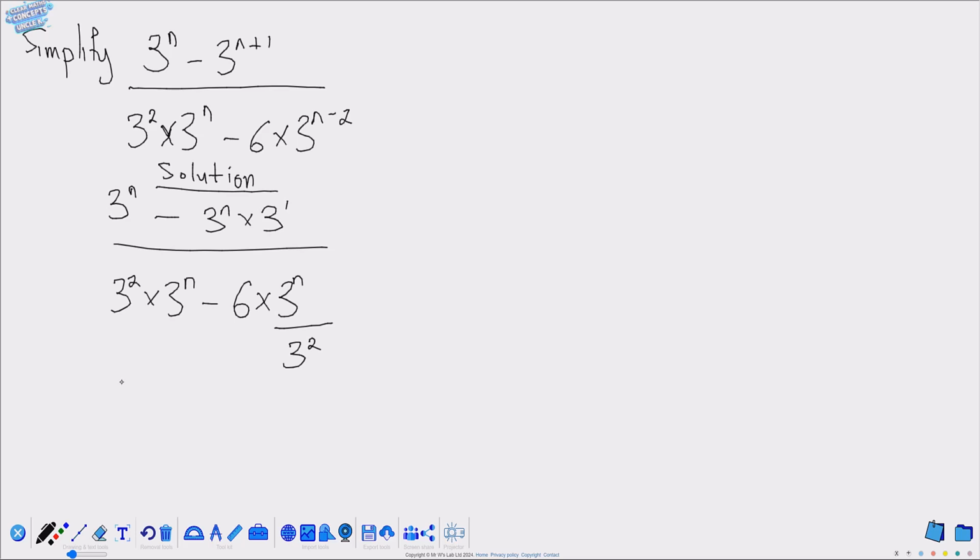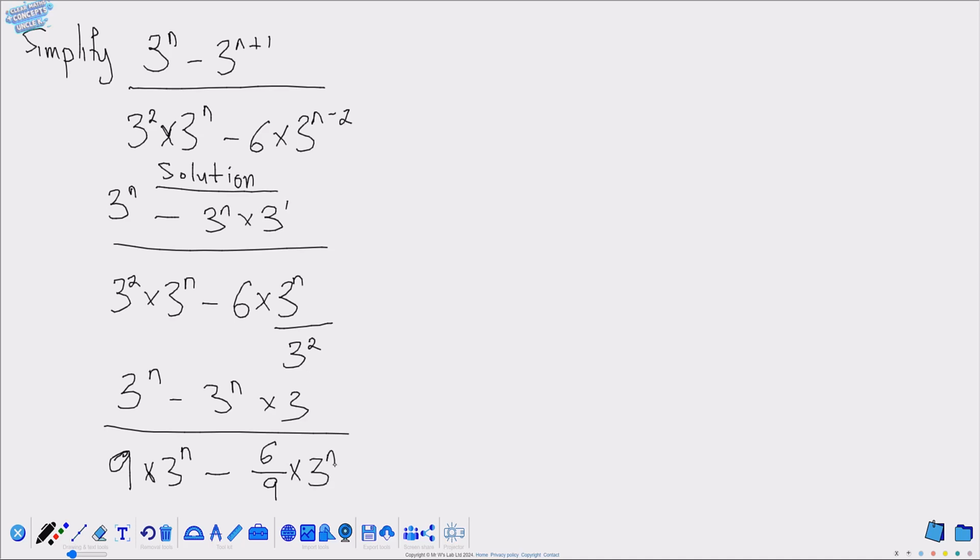Let's simplify further. So you have 3 raised to n minus 3 raised to n times 3, all over, this is 9 times 3 raised to n minus, this will be 6 over 3 raised to 2, which will be 9, right? Times 3 raised to n.